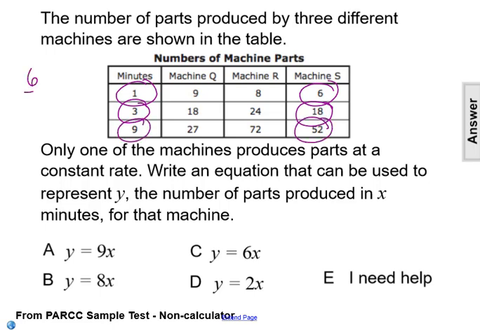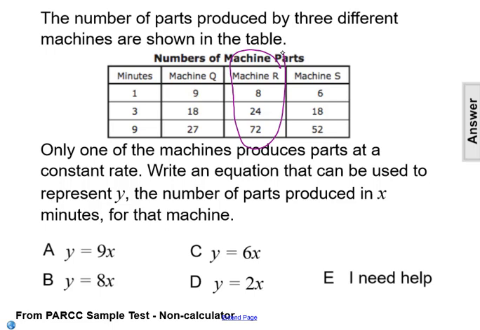Well, 6 over 1 does equal 18 over 3, and 18 over 3 does equal 6 over 1 as well, but that does not equal 52 over 9. 52 over 9 is approximately 5.78 over 1. So the first 2 rows of machine S would work and start to be constant, but that next row messes up the pattern. So it's not a constant production. The only machine that produces the parts at a constant rate is machine R.